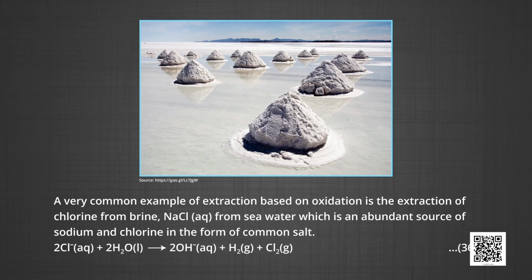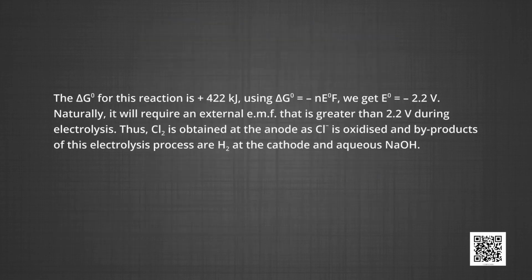As in the reaction, chloride ions react with water to form hydroxide ions and hydrogen, and release chlorine gas. The delta G naught for this reaction is positive, that is positive 422 kilojoules. Using delta G naught is equal to minus nFE naught, we get E naught is equal to minus 2.2 volts.